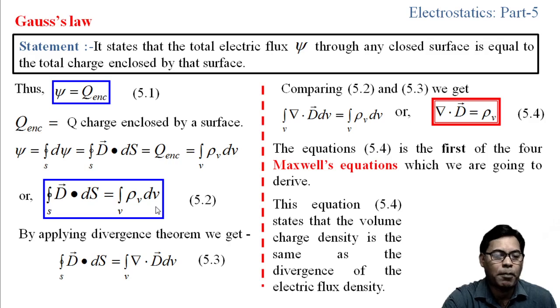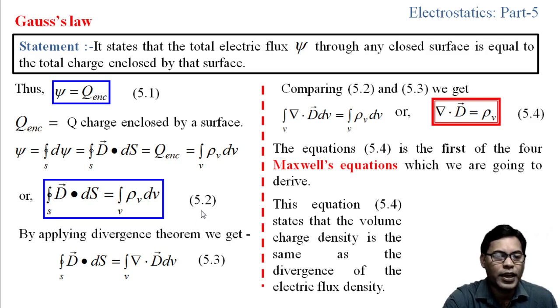Now if we apply the divergence theorem to equation 5.2, then we get that the surface integral of D dot dS equals the volume integral of del dot D dv.